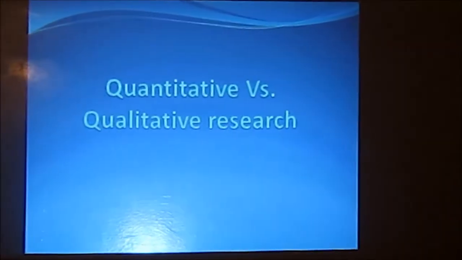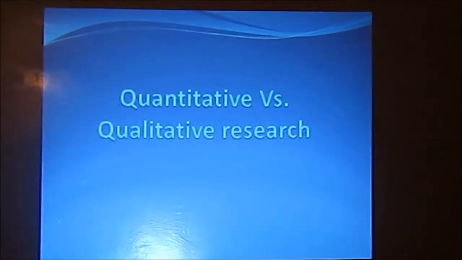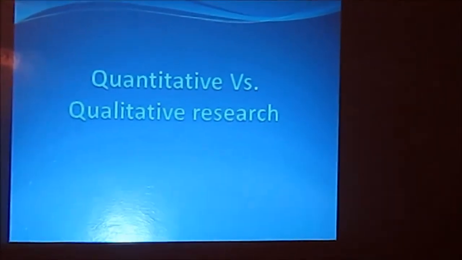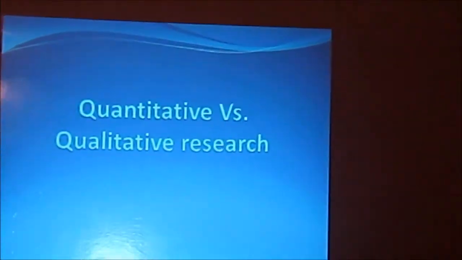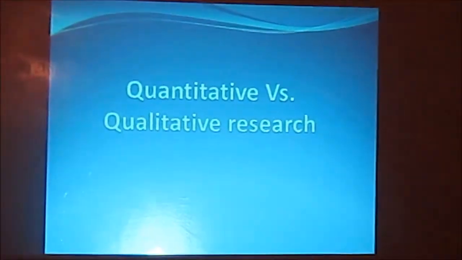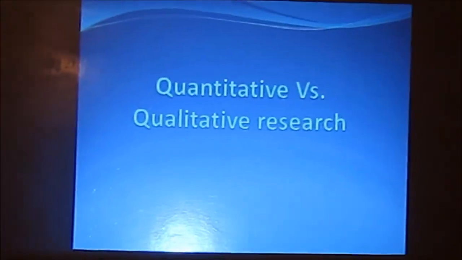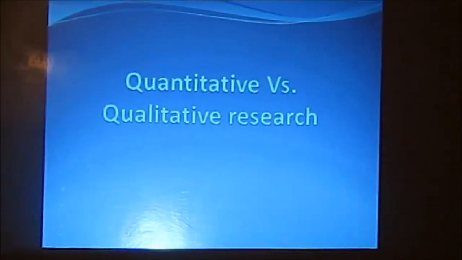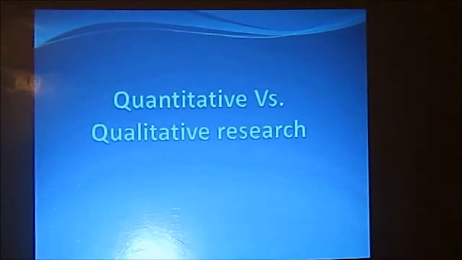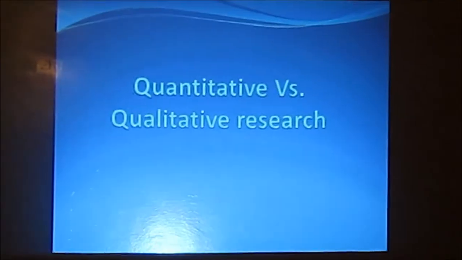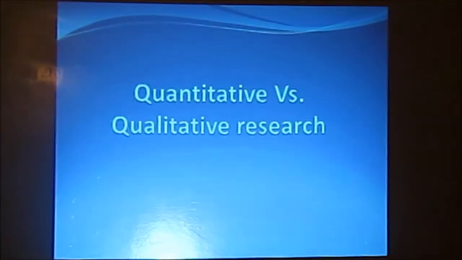So we have seen what is meant by qualitative research paper and what is meant by quantitative. We have seen what the purposes of both are and what research methods are associated with both approaches. As a summary, I'm going to talk about the differences between these approaches.